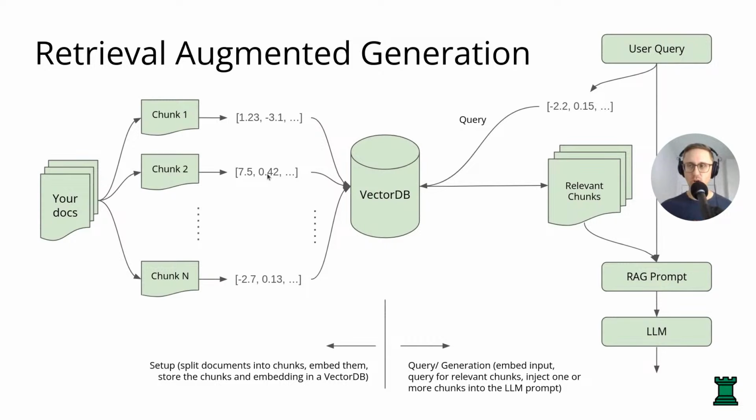All those fancy words mean is that if I have a user query input and I convert that to a set of vectors, and then I have chunks in the same vector space, I can just do a straight up comparison between this numerical representation of my user query and this numerical representation of my chunks to get the closest matching chunks.